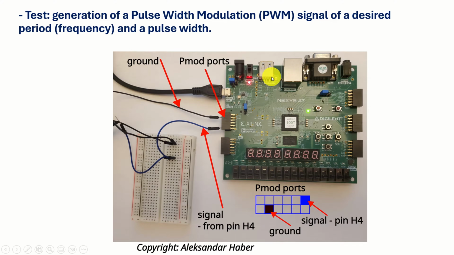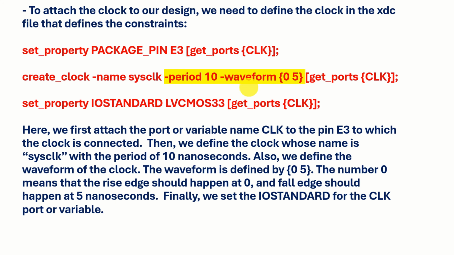And the signal frequency as well as the pulse width will be defined by first defining the clock. Before we jump into the Verilog and Vivado implementation, let us briefly explain how to define the clock. To define the clock, we need to edit the so-called XDC constraint file, and we need to enter these three lines.